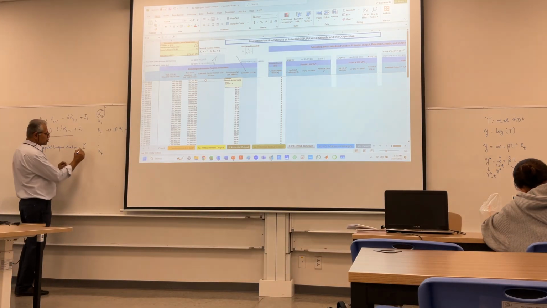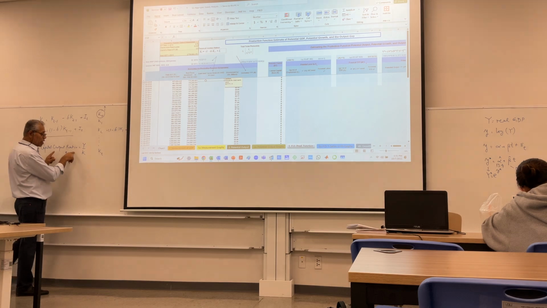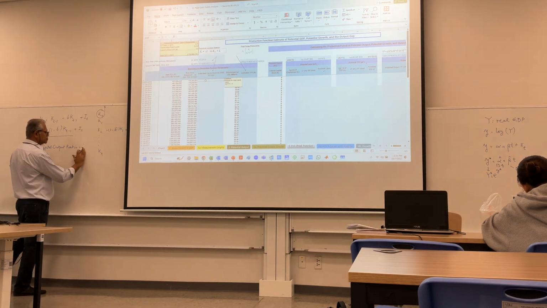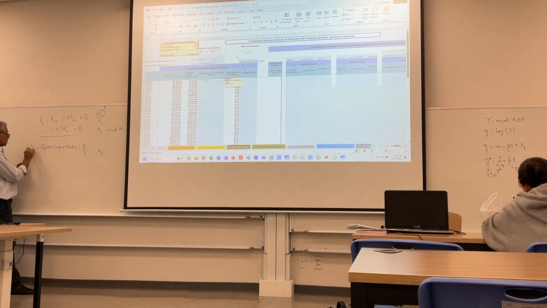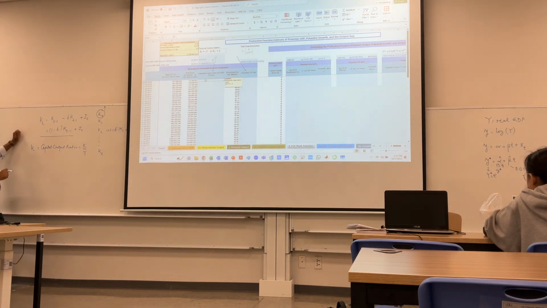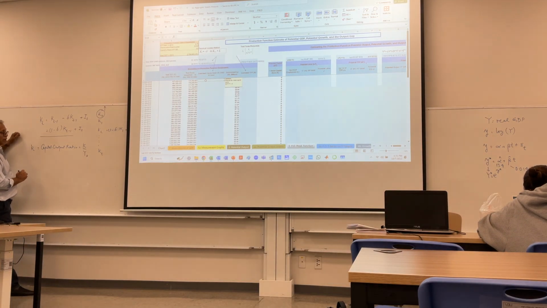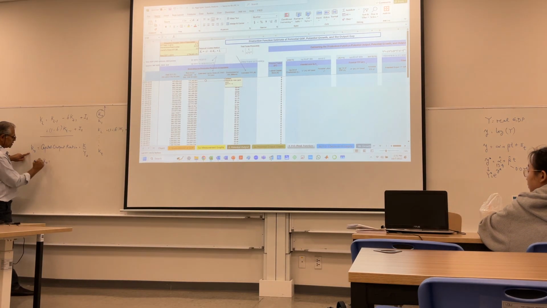If we make some assumption about the capital output ratio, remember that in your simple micro macro courses, we have the idea of the capital output ratio. If we know the output in time period 0, and we make some assumption about the capital output ratio, then we can calculate the capital stock in time period 0 as just something that we have assumed.